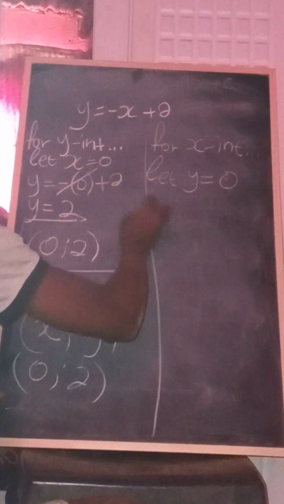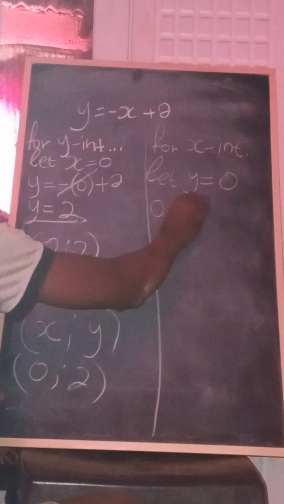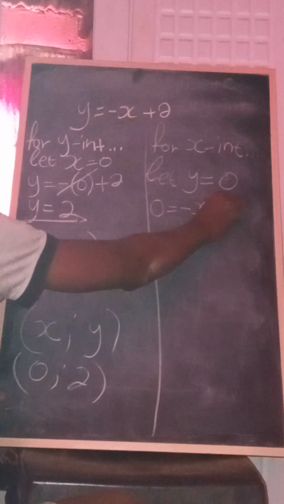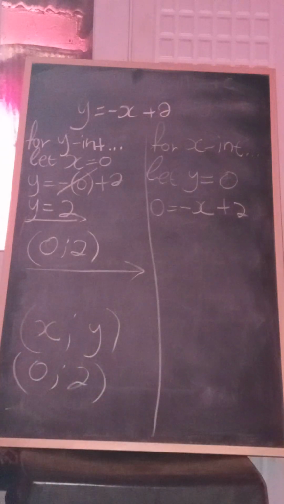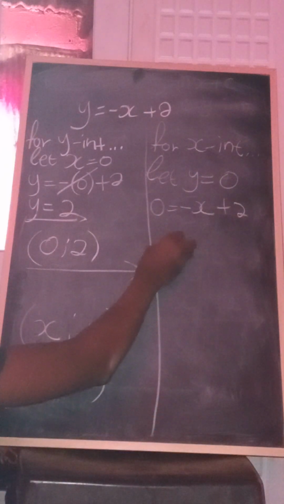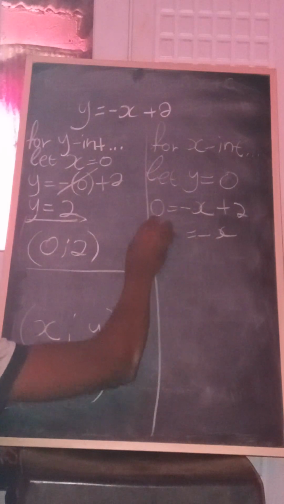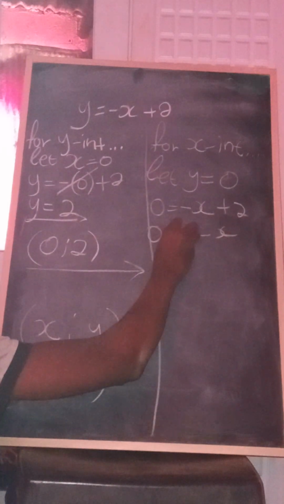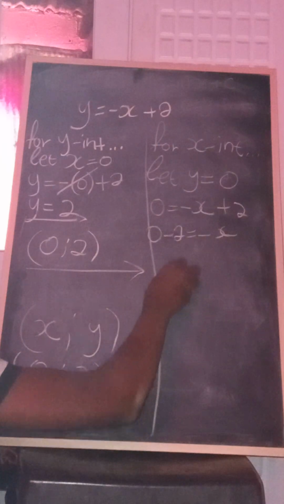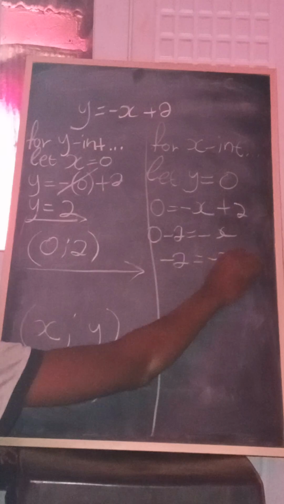Then, where you see y, you place 0 equals negative x plus 2. Then now you work your magic. From here, it's going to be negative x equals 0, and this becomes negative 2 on this side. Then negative 2 equals negative x.